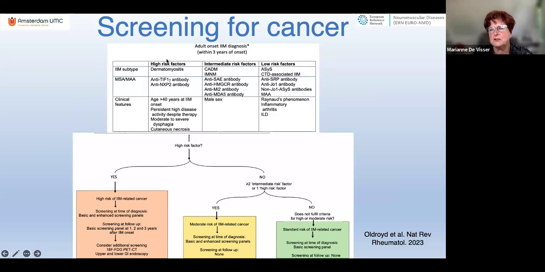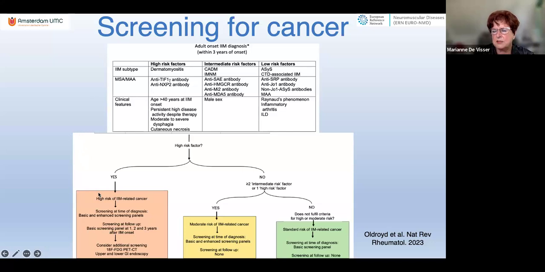For instance, you see here the high risk factors: IIM subtype dermatomyositis, the myositis-specific antibodies anti-TIF1 gamma and NXP2 are a high risk factor, and as regards clinical features, elderly people, but also moderate to severe dysphagia and cutaneous necrosis are high risk factors. And based on these factors, they made a recommendation for cancer screening.